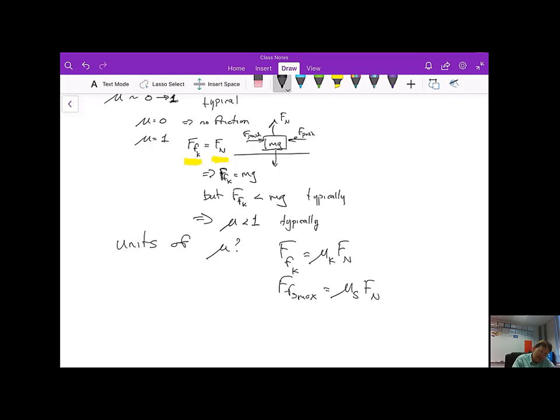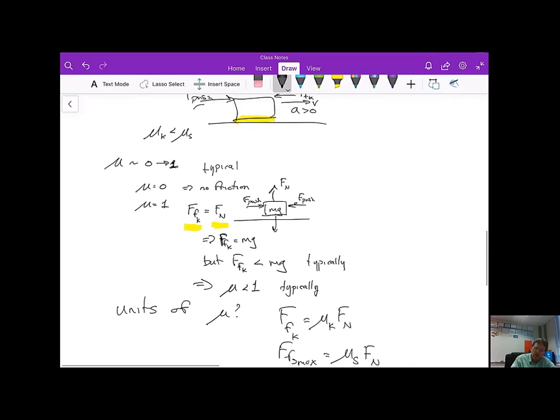Look at those two equations, and you see we have a force equals a constant times a force. So with the units, mu must have no units. It is a unitless quantity. It's just a proportionality constant. Okay, so that's all we need to know about friction.